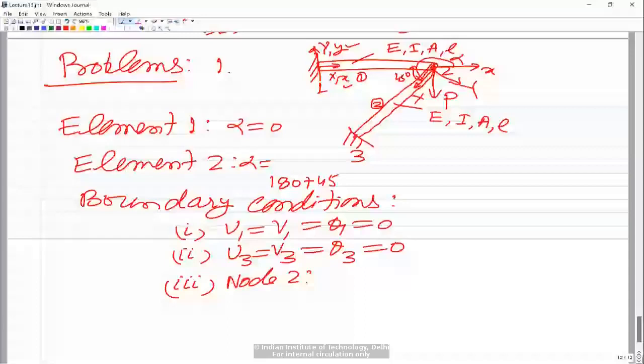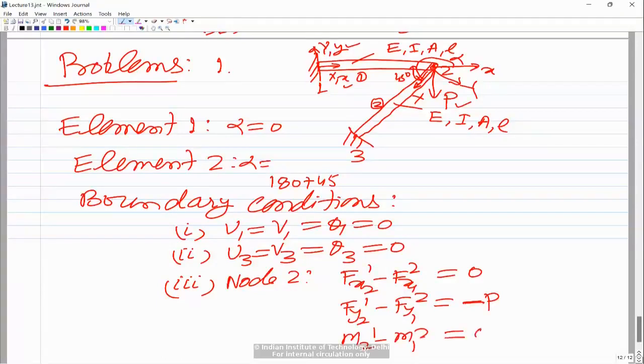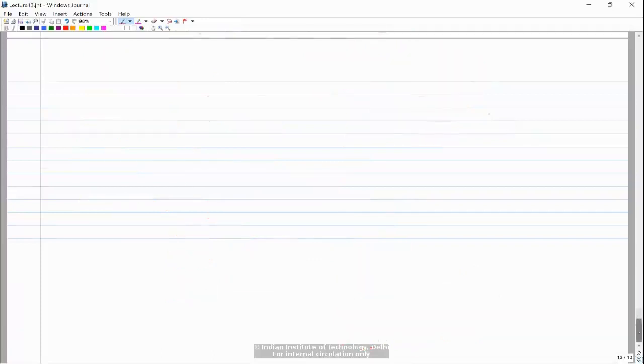So fx21 minus fx12 would be equal to 0, and then you will have fy21 minus fy12 equal to minus P, because at node 2 there is a force P along the negative global y direction. That is why minus P, and of course we will have m21 minus m12. There is no concentrated moment, so this will also be equal to 0. So try solving these problems as homework problems, you must solve these problems.